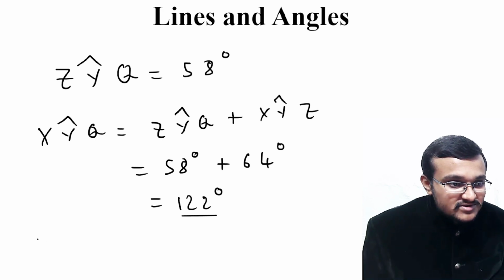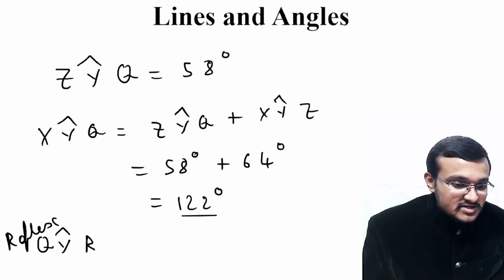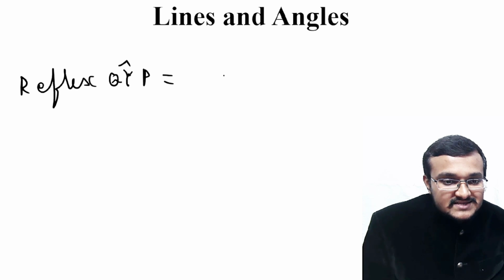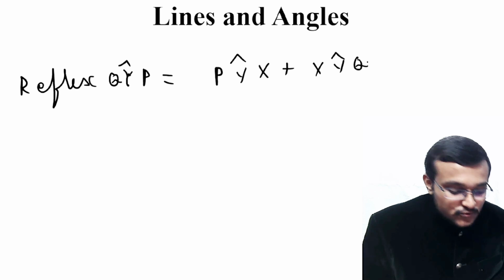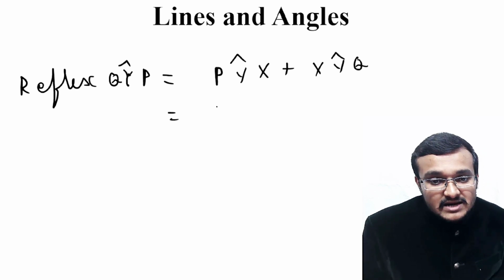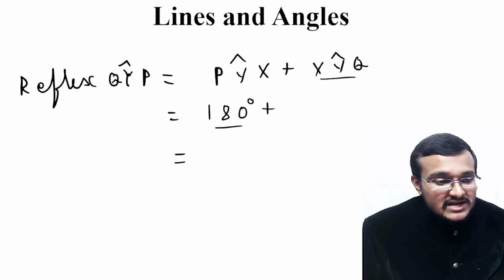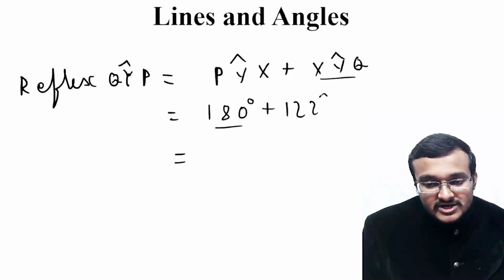In order to find reflex QYP, reflex QYP is equal to PYX plus XYQ. XYQ we have already found, 122 degrees. PYX, since XP is a straight line, is 180 degrees.